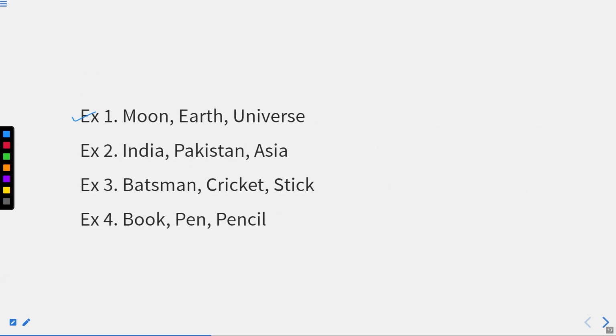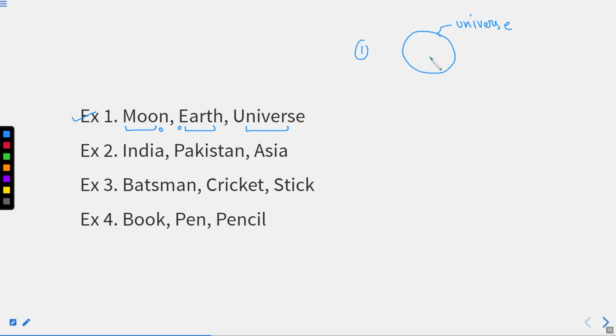So we'll read the first question and we'll draw the diagram by ourselves and then we'll get to the answer. So we know the first term is moon, the second is earth, and the third is universe. Moon and earth are separate bodies which are present within the universe. So let's say this is universe.